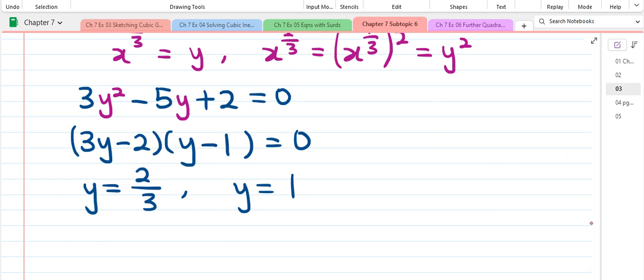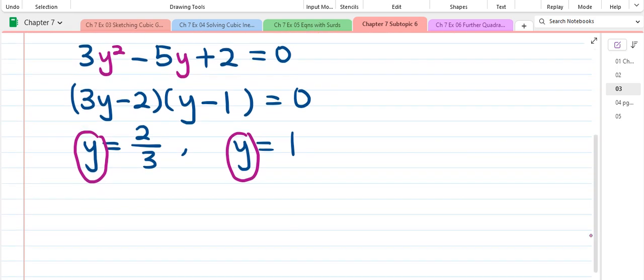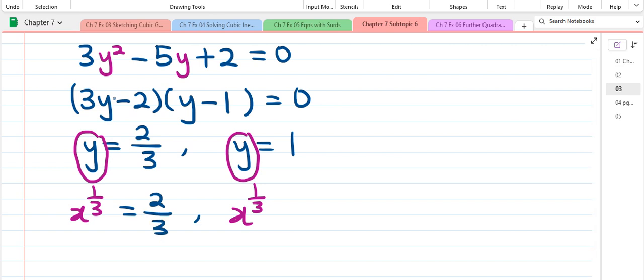So y over here must be replaced back into x power 1 over 3. Right? So here for both equations, x power 1 over 3 is 2 over 3, and x power 1 over 3 is 1. In order to solve this, let's take it to a power that is the reciprocal of 1 over 3.